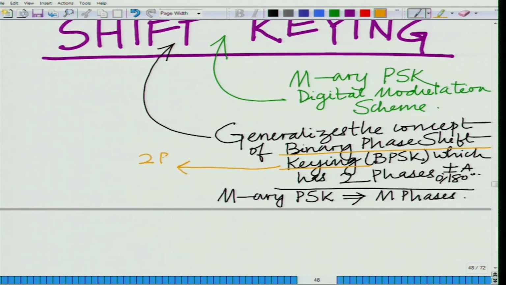M-ary phase shift keying generalizes this concept and allows for M phases, that is, a symbol can have one of M phases, and this has M possible symbols in the constellation. Therefore, similar to M-ary QAM, one can communicate log M to the base 2 bits per symbol.